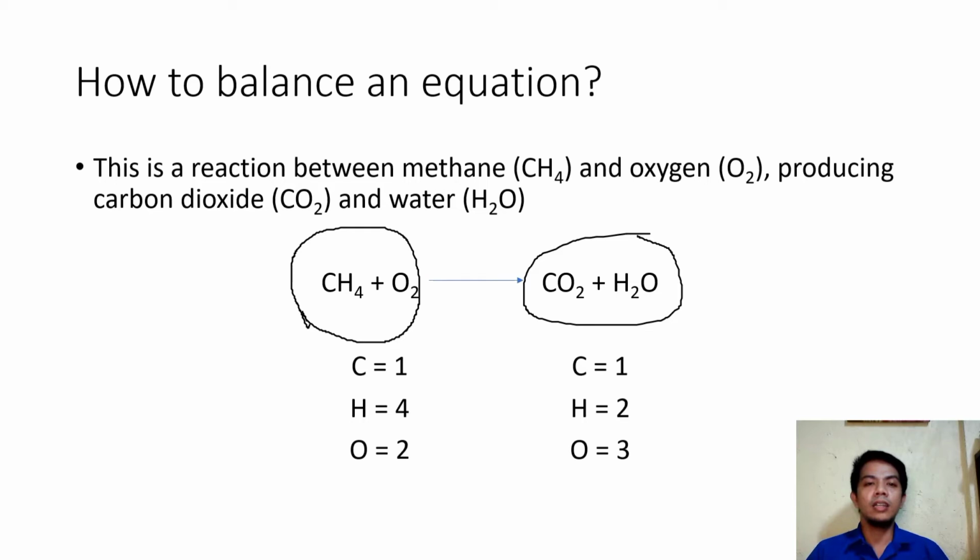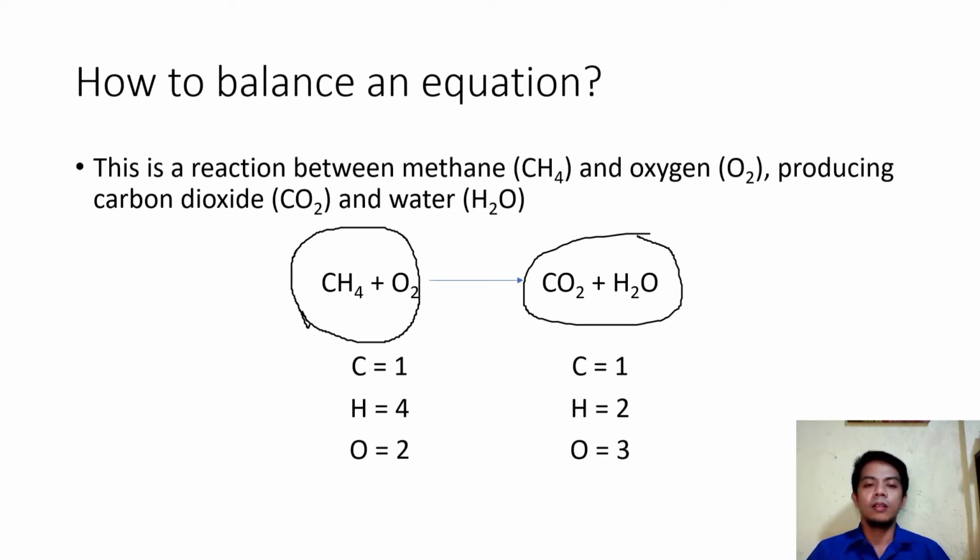To easily recognize if the atoms of the products are balanced to the atoms of the reactants, the simple way is to list down the elements and the number of atoms. So we need to list down the elements carbon, hydrogen, and oxygen.